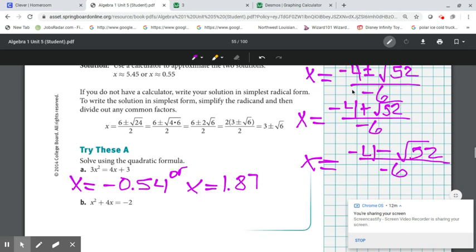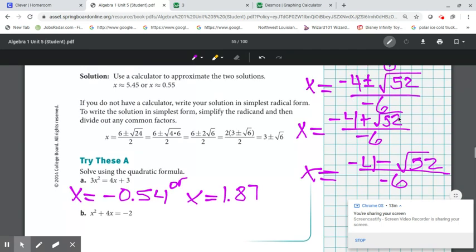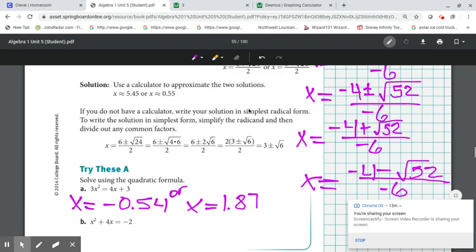Okay, so another thing that you can do also is you can simplify this a little bit more. Sometimes they ask you to simplify the equation a little bit more. So how you will do that is, first of all, we're going to simplify this radical. So the square root of 52 is 4 times 13. So the square root of 4 is 2.